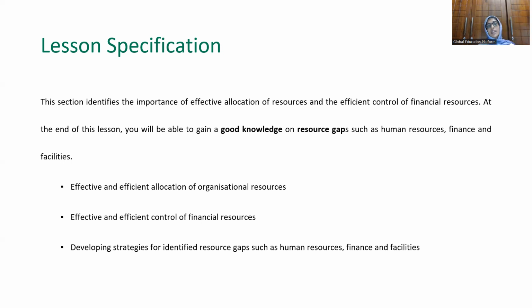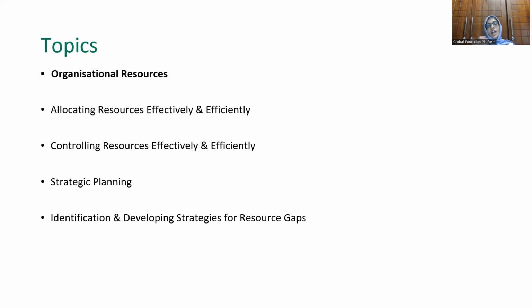So this specific lesson specification is divided into 5 main topics. The first topic was organizational resources, then allocating resources effectively and efficiently, then controlling resources, strategic planning and identification, and developing strategies for resource gaps.